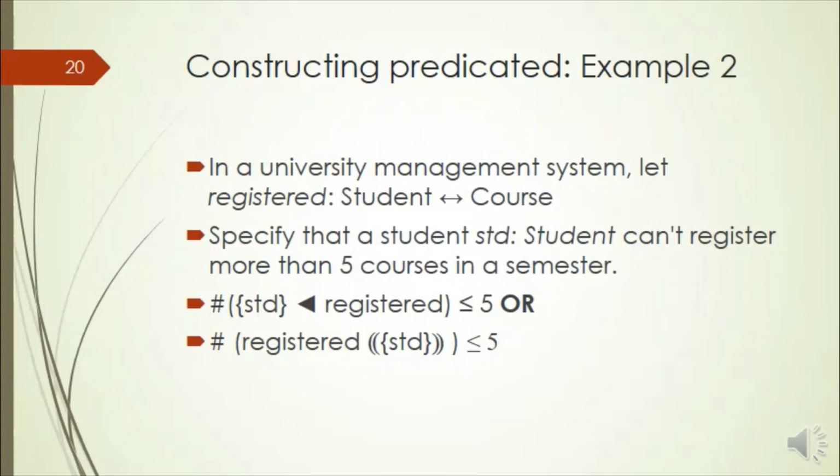Now we consider another example, and this example is similar to the example discussed in the previous slide. In this example we are considering a university management system, and we have a relation variable registered which is declared on relation data type student double arrow course, and we want to specify that a student cannot register more than 5 courses in a semester.